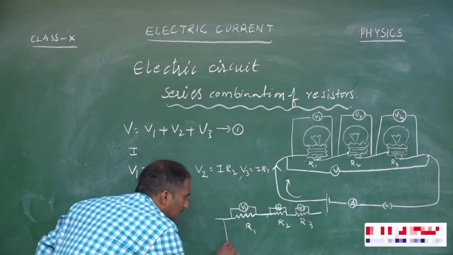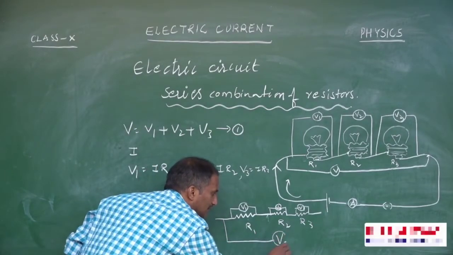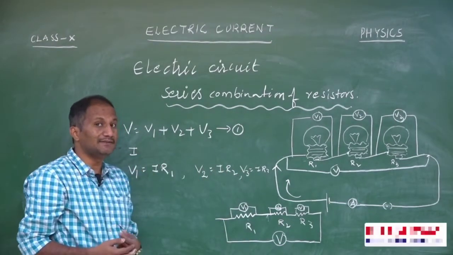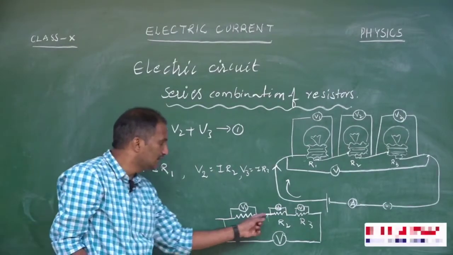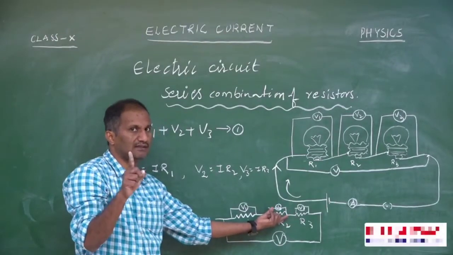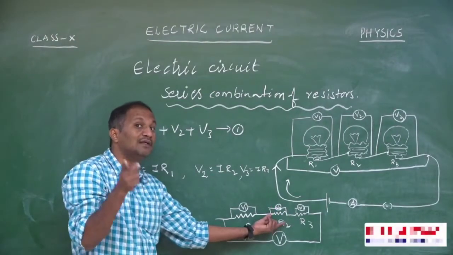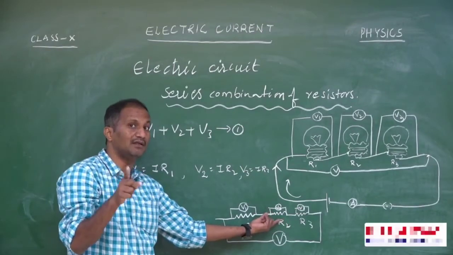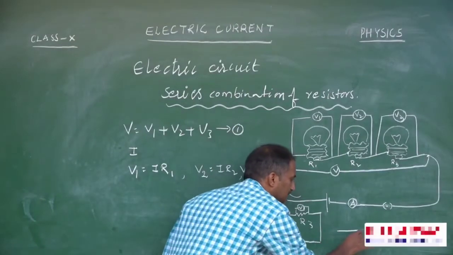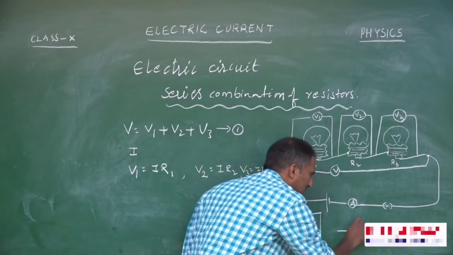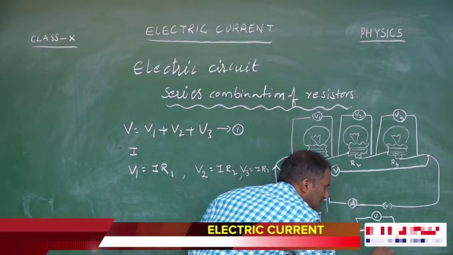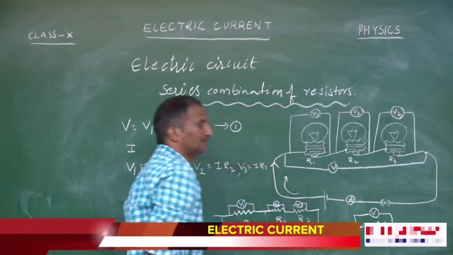The total potential difference across the two ends of the battery is V. Now we are going to find the equivalent resistance offered by all three resistors. That means if you replace all three resistors with a single resistor, we are going to find the magnitude of that replaceable resistance value, the resultant or equivalent resistance.